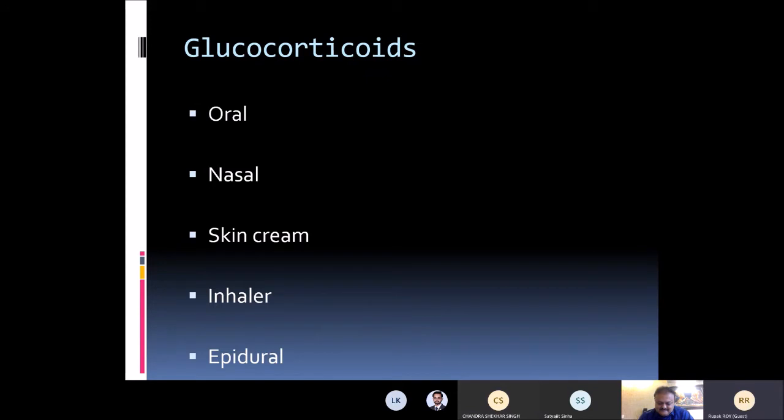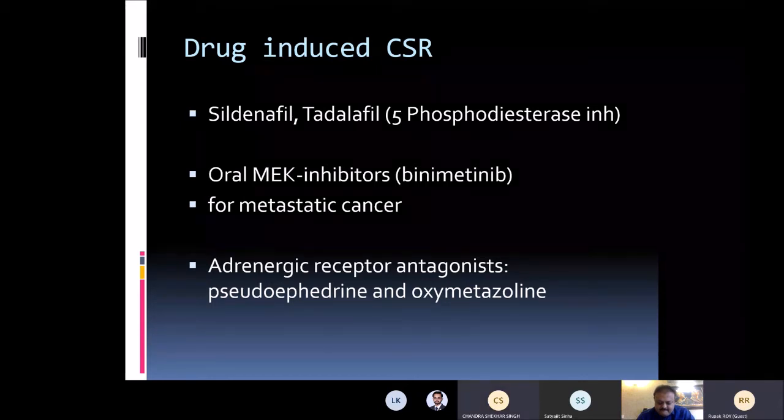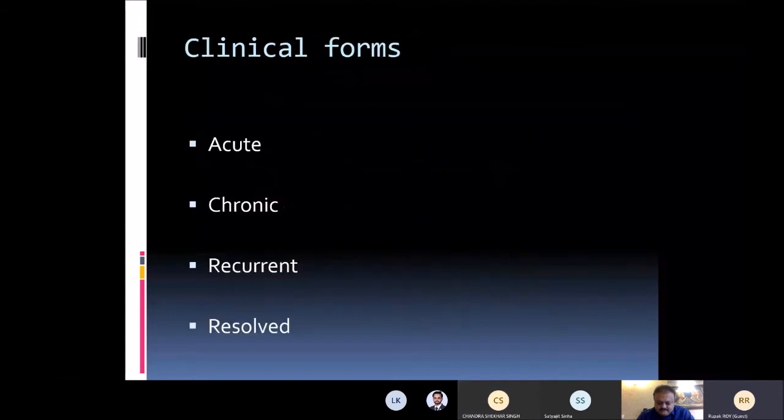It can be oral, nasal, skin cream, inhaler, and epidural. There can be drug-induced CSR also, like sildenafil, tadalafil, oral MEK inhibitors like binimetinib used for metastatic cancer, and adrenergic receptor agonists like pseudoephedrine and oxymetazoline. So it has various clinical forms like acute, chronic, recurrent, and resolved.